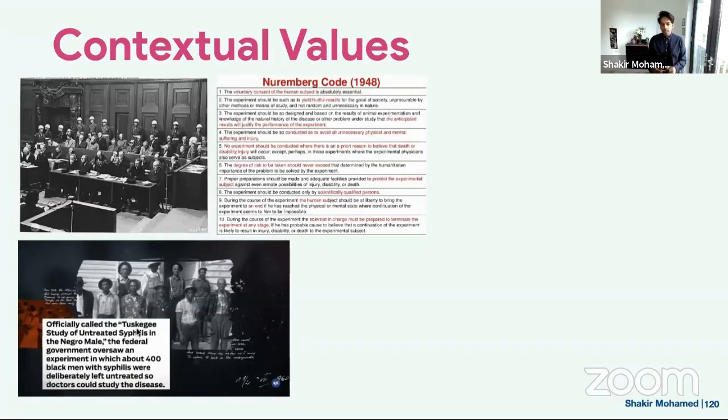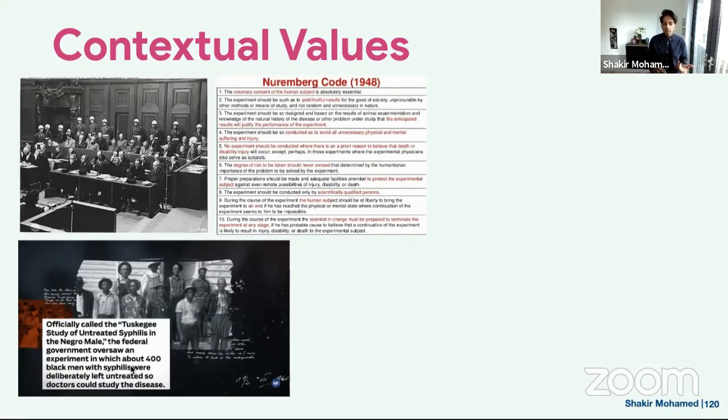They had a case study of 400 Black, African-American men who were purposefully infected with syphilis to understand its progression in the human body. This was one of the longest longitudinal studies in history, going on for several decades. And the worst part is that even after the cure for syphilis was found, for several decades these people continued to be infected with syphilis.